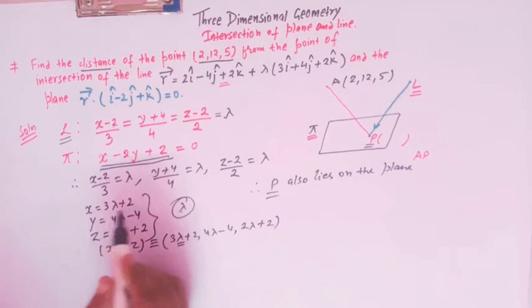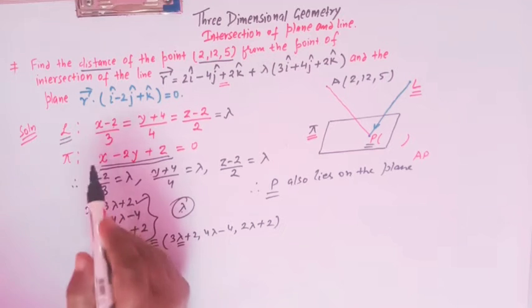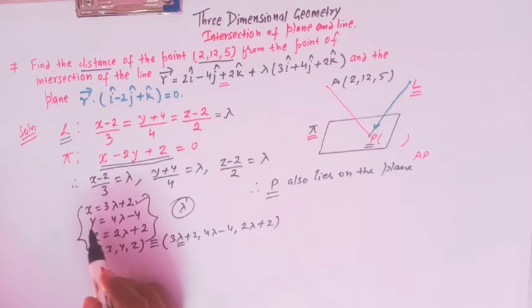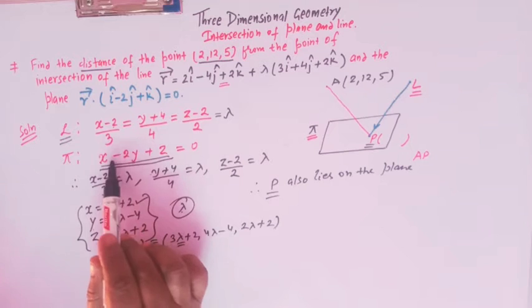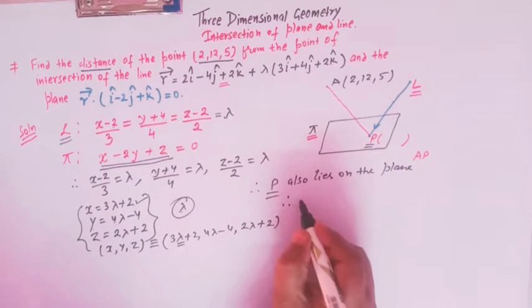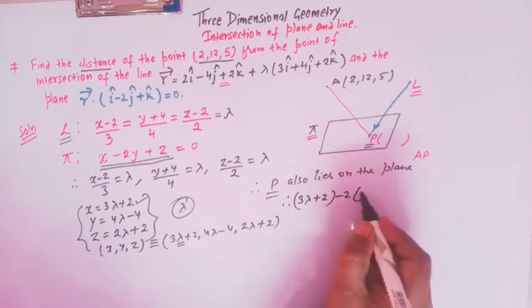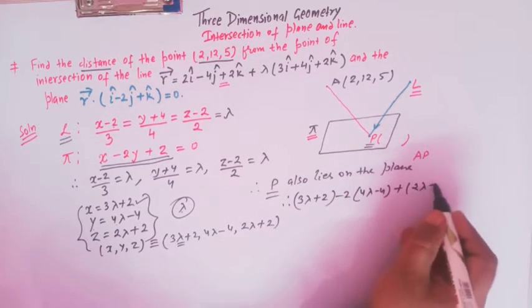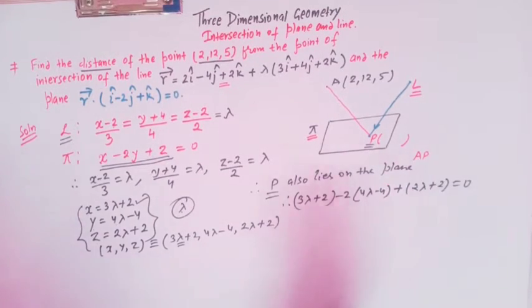So for x we have 3 lambda plus 2, for y 4 lambda minus 4, and for z we have 2 lambda plus 2. So substituting these values of x, y, z over here, we get 3 lambda plus 2, then we have minus 2 times 4 lambda minus 4 plus 2 lambda plus 2 is equal to 0, right?